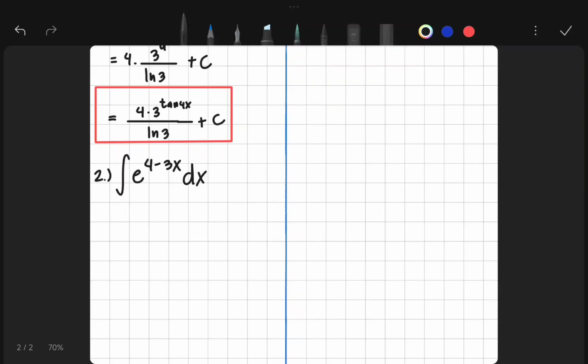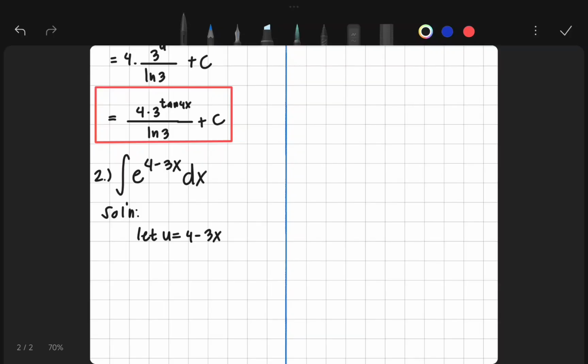So still we need to use the substitution method. Okay, so our solution will be, I will let u equal to 4 minus 3x. Okay, that is our u.